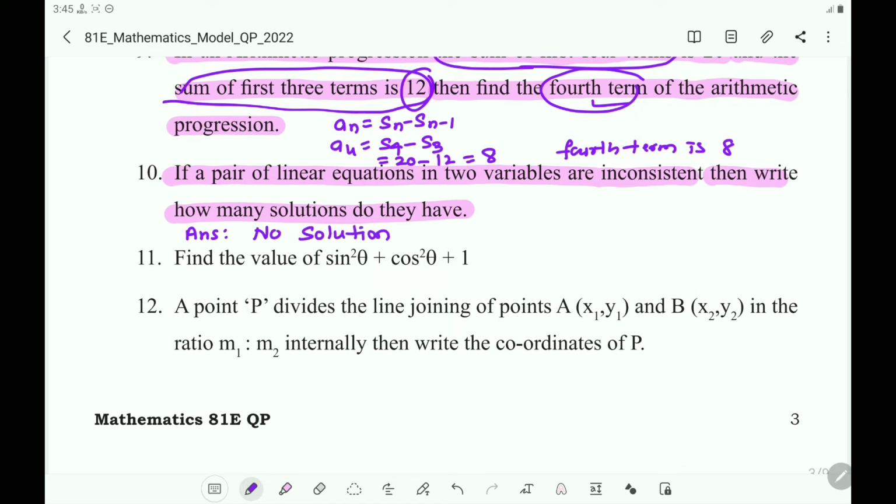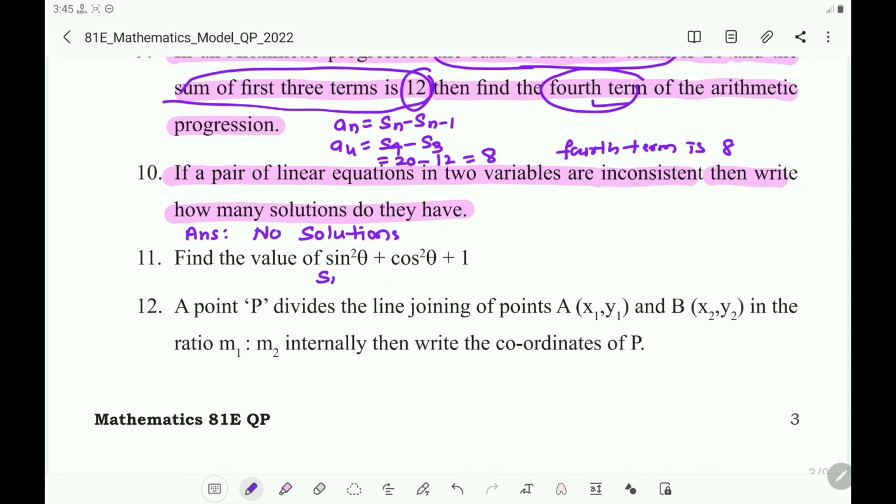No solutions. Next question. Find the value of sin square theta plus cos square theta plus 1. So you can write, don't write on the question paper, write on the answer booklet.